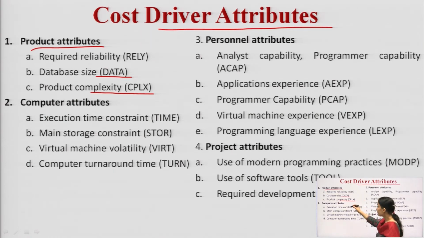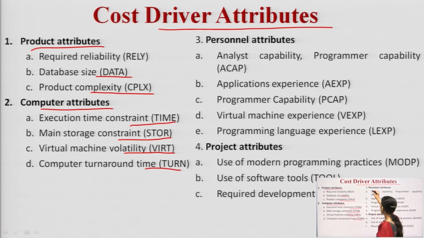The second group is the computer attributes, which consider execution time constraint, storage constraints, virtual machine volatility and computing turnaround time.